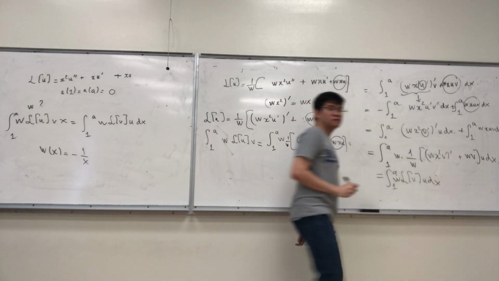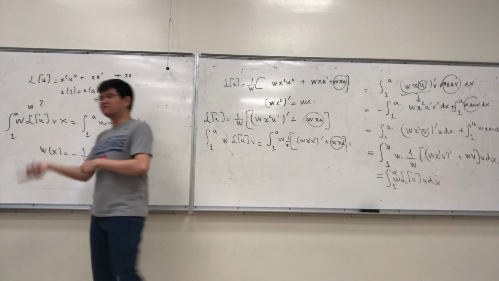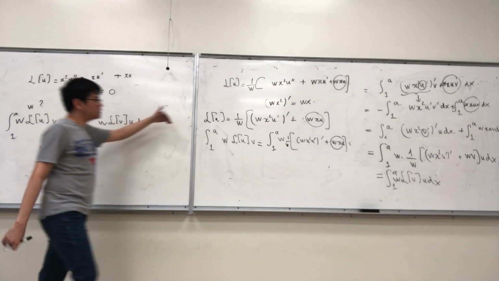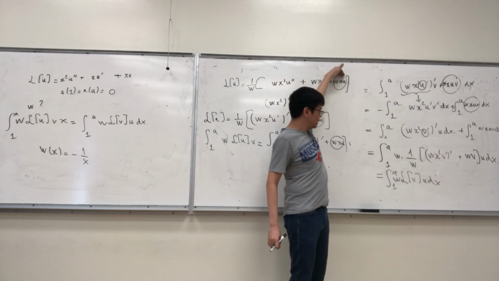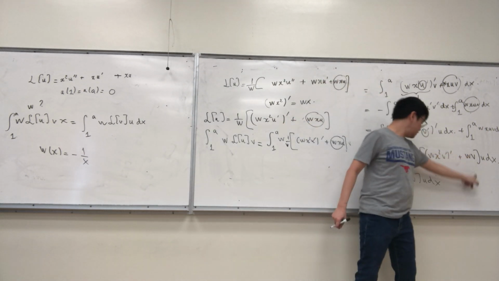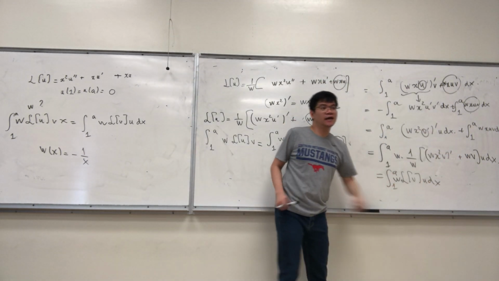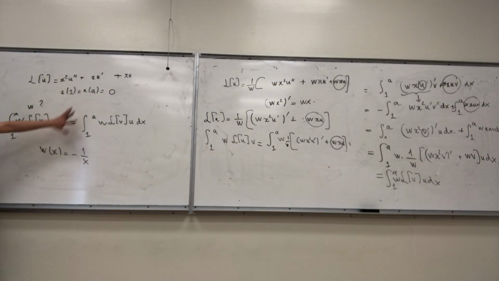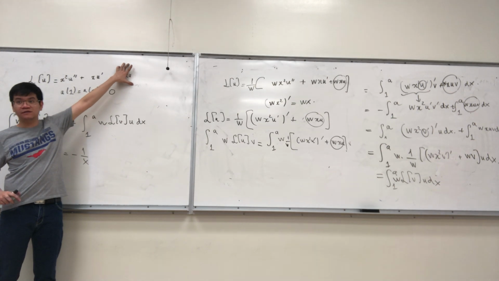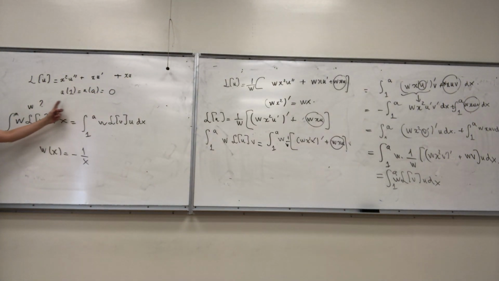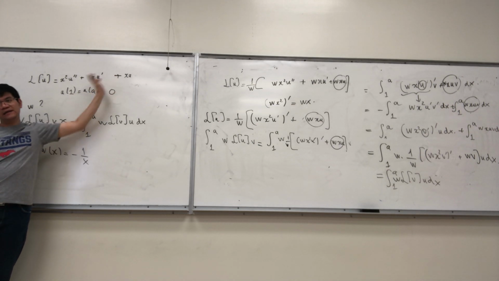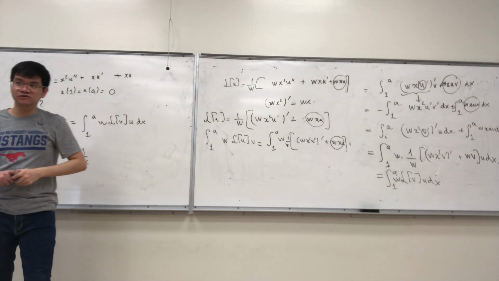So self-adjointness only concerns the derivative. Because here you have something that doesn't involve a derivative, it propagates to the end, and the operator is still self-adjoint. So in the case that you have this term, you don't care about it. You just choose the w for this operator, and the operator is still self-adjoint.